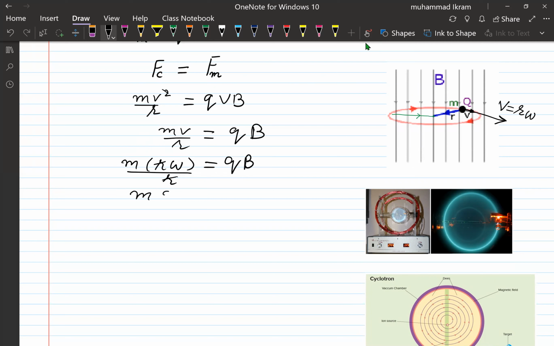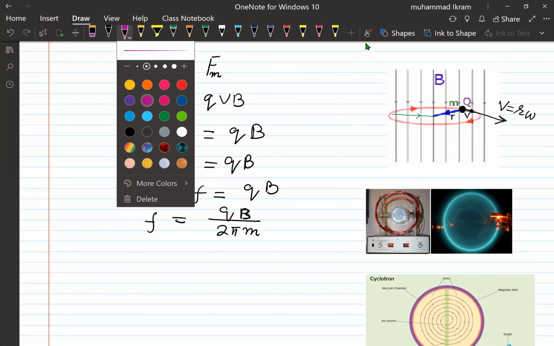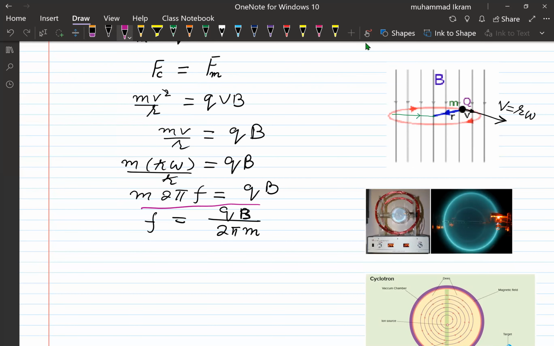Omega is equal to 2 pi f. So 2 pi f into m equals q into B, right? Or this f equals qB over 2 pi m, where m is the mass of the electron, q is the charge on the electron and B is the magnetic field. So this is the frequency known as the cyclotron frequency.